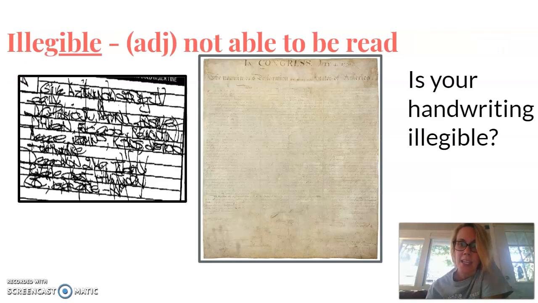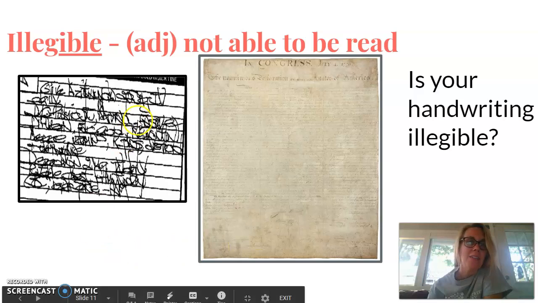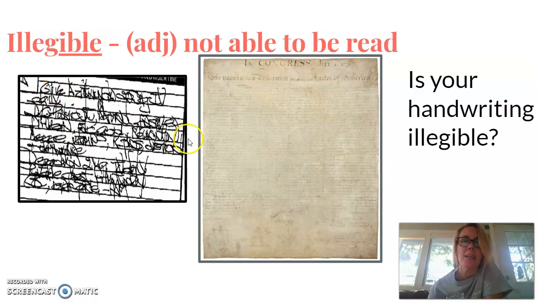Illegible. Say illegible. The suffix is ible. Say ible. Illegible is an adjective meaning not able to be read. As you can see in this picture, there's handwriting that is not able to be read. I can't tell what it says.